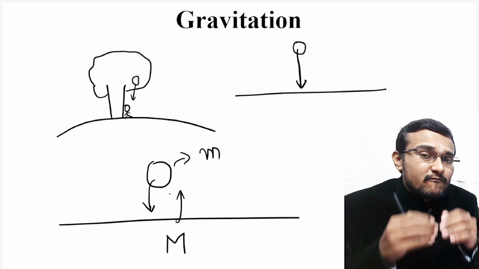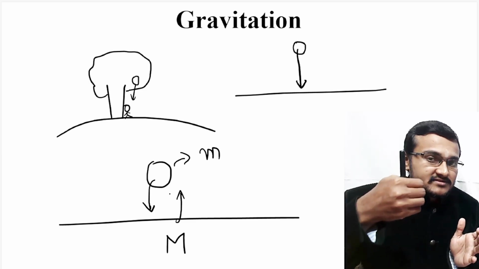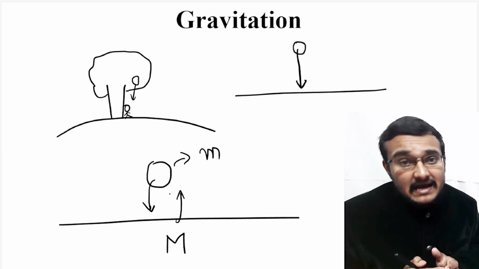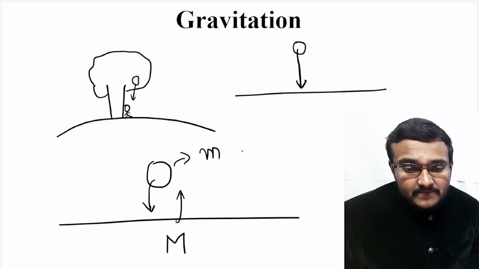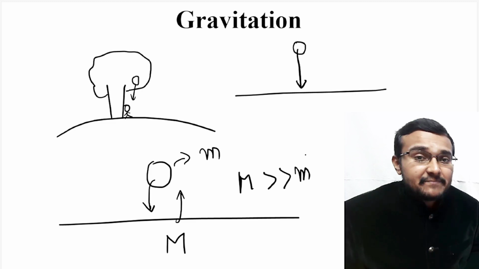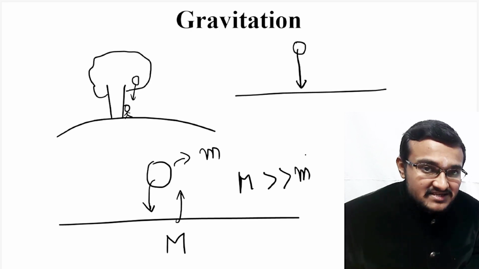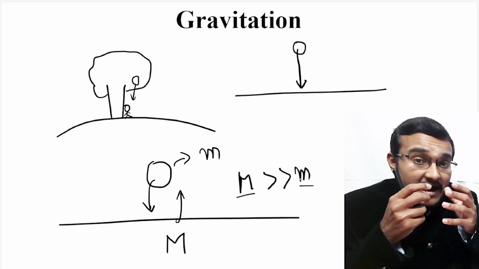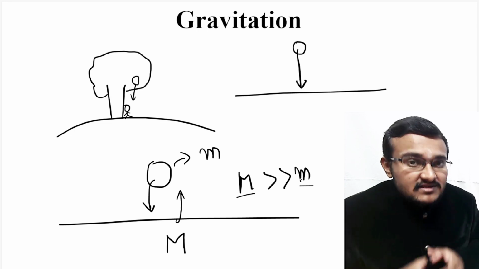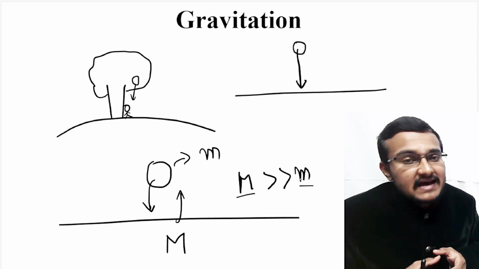So why didn't the apple attract earth? Why only earth attracted the apple? Because earth's mass is very much larger than the apple's mass. Since earth's mass is very much larger than the apple's mass, instead of the apple attracting earth, earth itself attracts the apple.